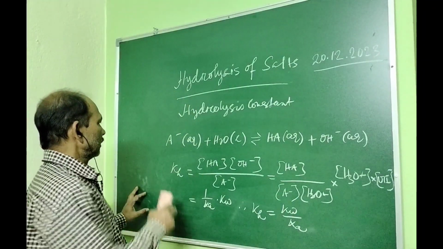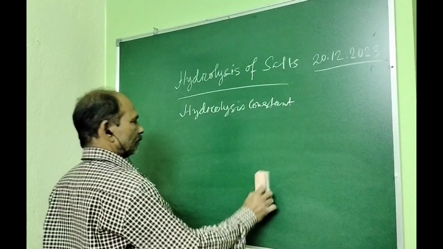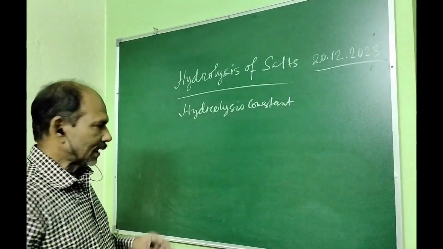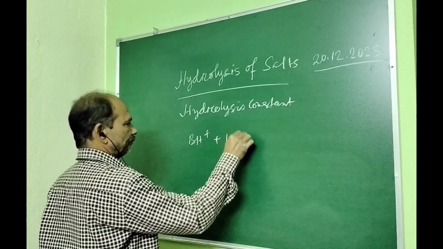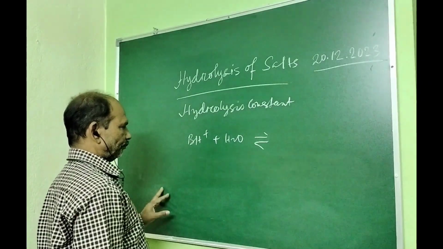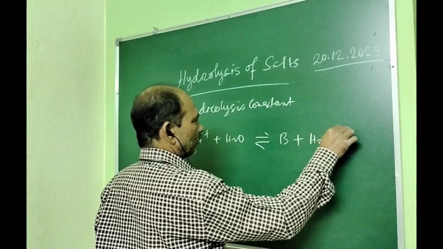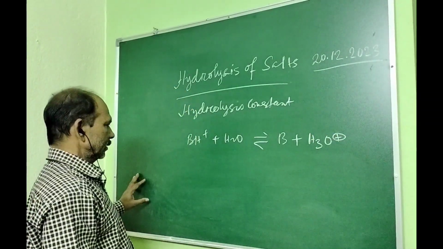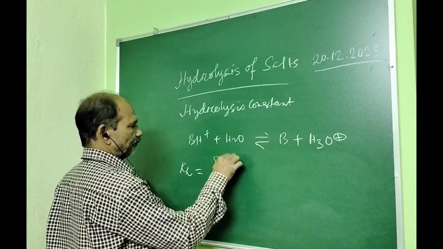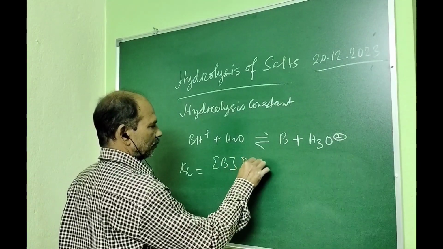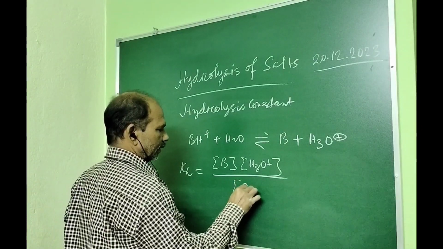Similarly, in case of a base, the cation BH plus reacts with water to form B plus H3O plus. In this case, Kh equals concentration of B into concentration of H plus divided by concentration of BH plus.